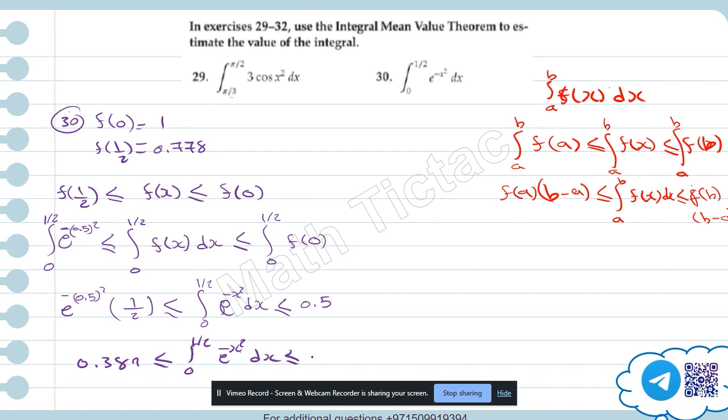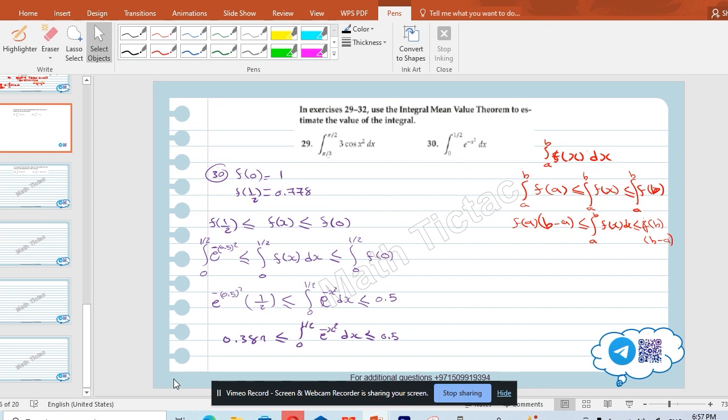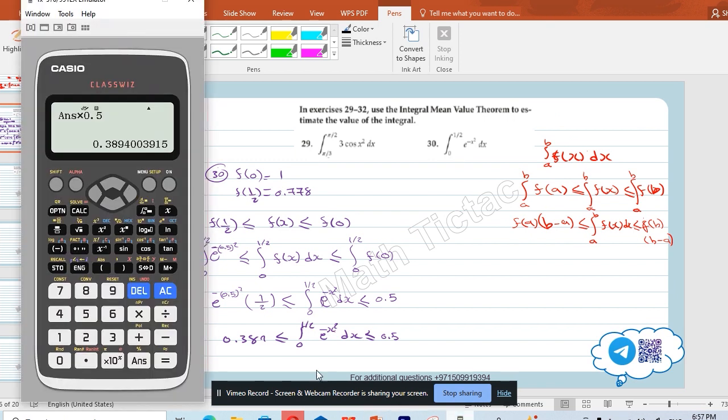So in here I can know that the estimated value for this integration will be between 0.389 and 0.5. So let's find the accurate value for this integration just to make sure that our answer is correct.